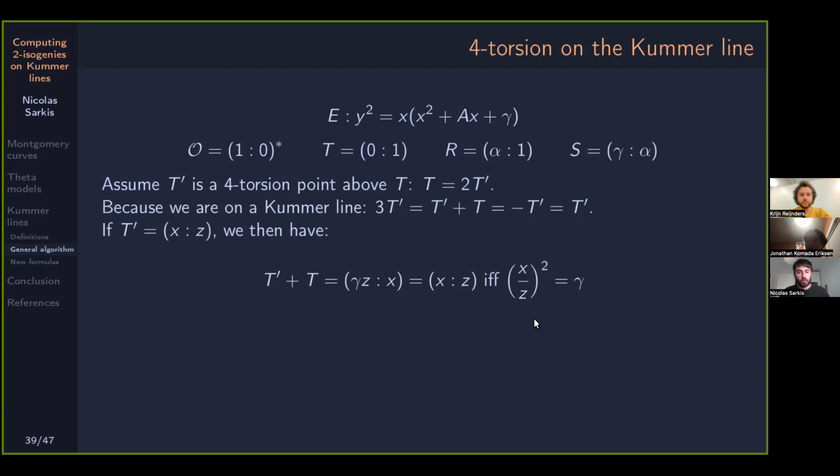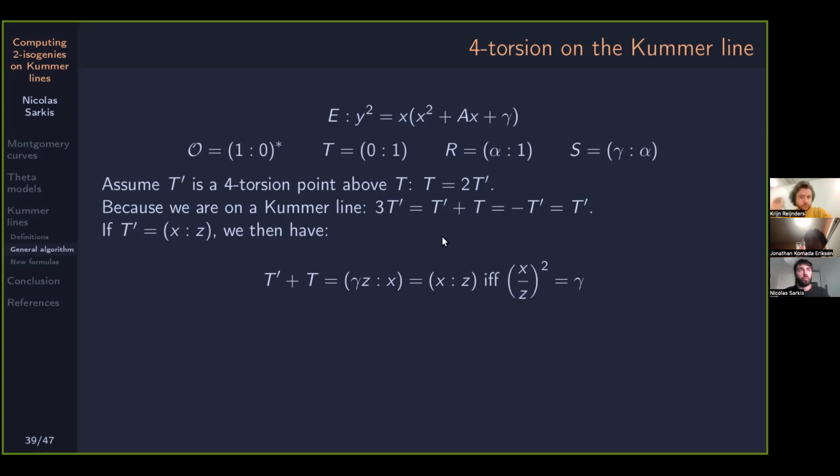And I go a bit quick on this one, but you can compute what the 4 torsion should be. What should be the 4 torsion point on the Kummer line with the equation 3 times t prime. If t prime is a 4 torsion point above t, 3 times t prime is t prime plus t. But it's also equal to minus t prime because it's 4 torsion. And because you're on a Kummer line, minus t prime is equal to t prime.